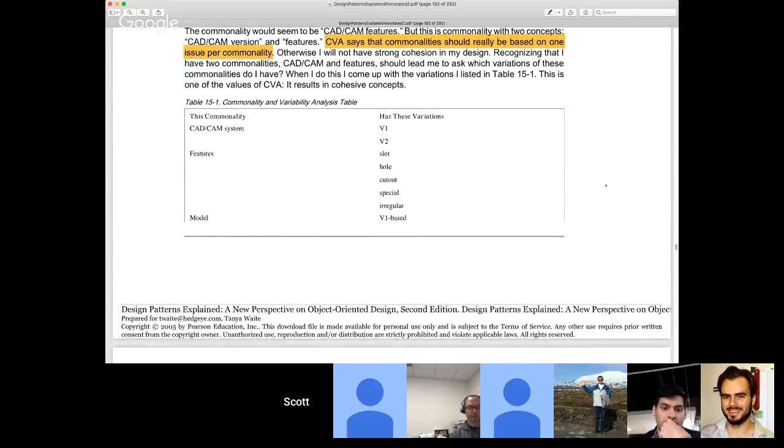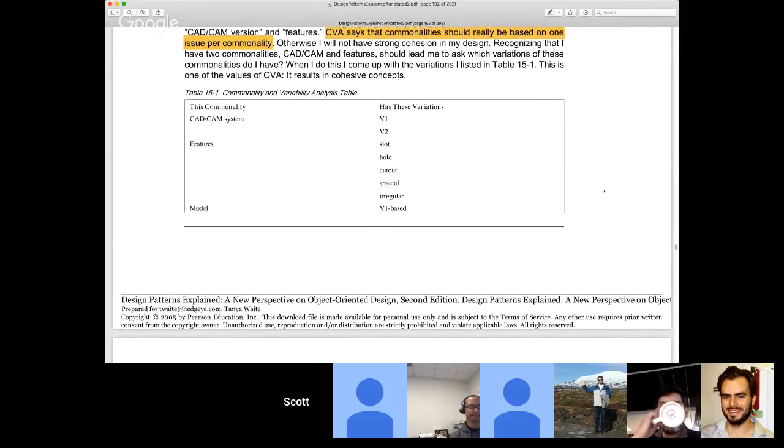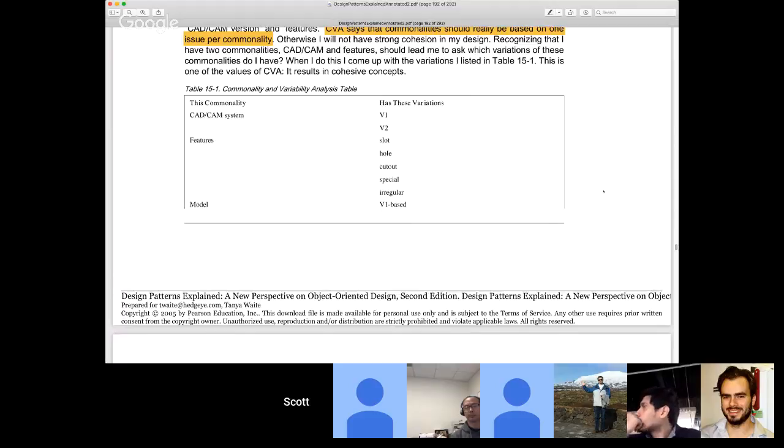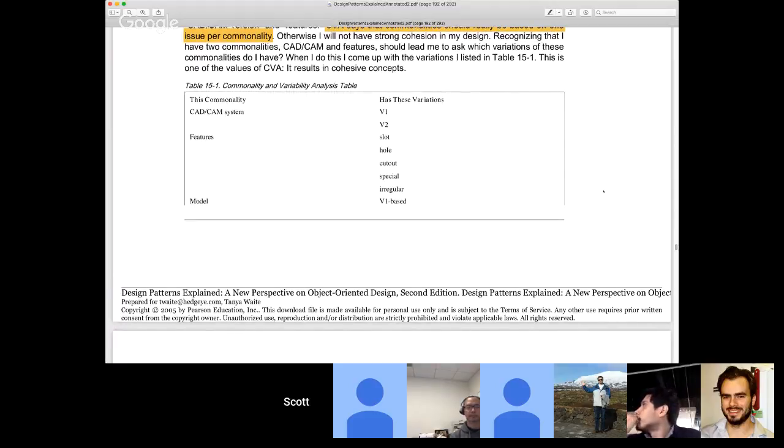So CVA says commonalities should be based on one issue per commonality, kind of the single responsibility principle, SRP. Otherwise he won't have the cohesion in his design where he wants it.